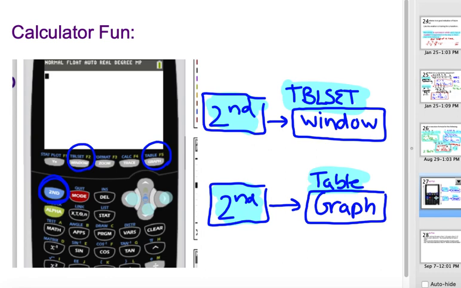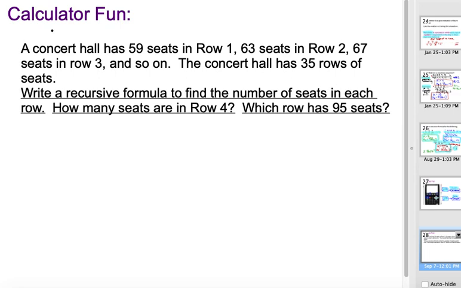So let's look at the problem I actually want to show you, and then we'll pull out this calculator to help us a little bit. This question might be worth writing down in your notes. It says a concert hall has 59 seats in row 1, 63 seats in row 2, 67 seats in row 3, and so on.